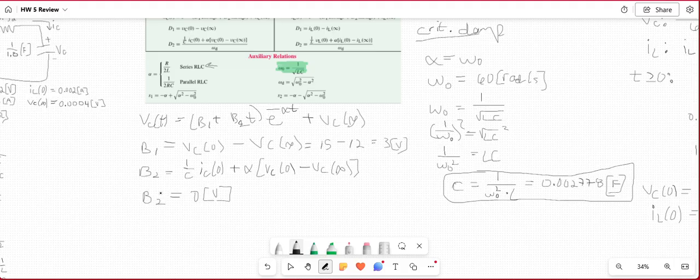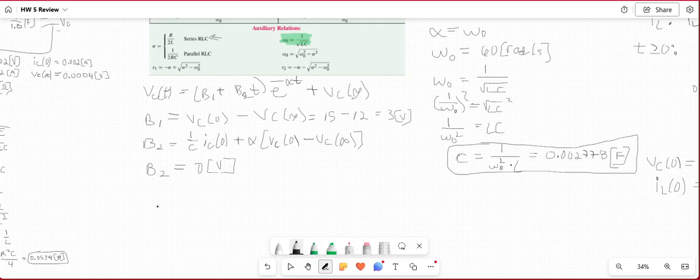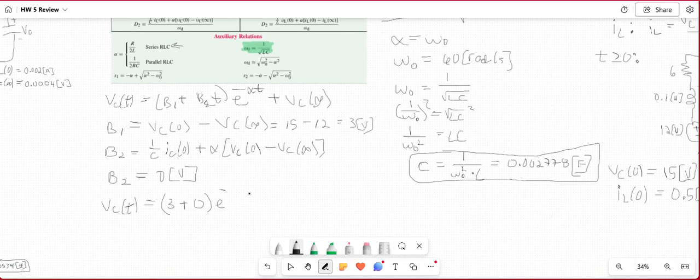Okay. And now we want to put all that into our VC of t. So VC of t equals B1, which is 3, plus 0t, so 3 plus 0, e to the negative alpha t. Alpha was 60, e to the negative 60t.